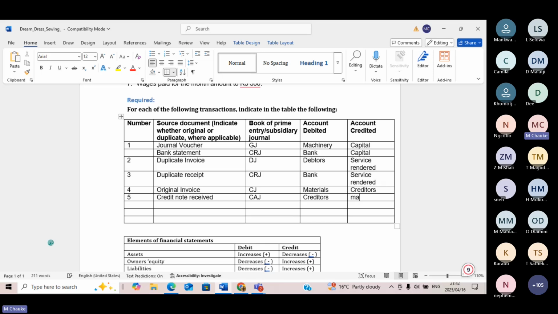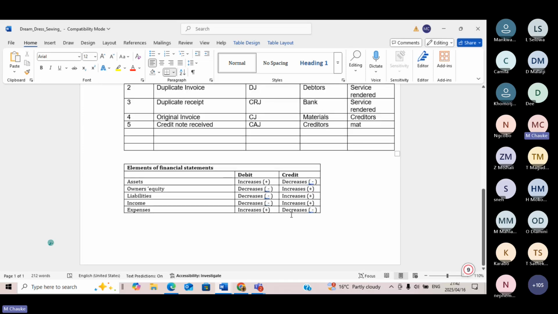And then you can come there and say materials. Because if you bought materials from your creditor and then you return them, there will be a decrease in materials in your business, right? That is why we're also crediting materials. Materials are also expenses, remember. That means the expenditure on materials will decrease, and whenever expenditure decreases, we credit, right?